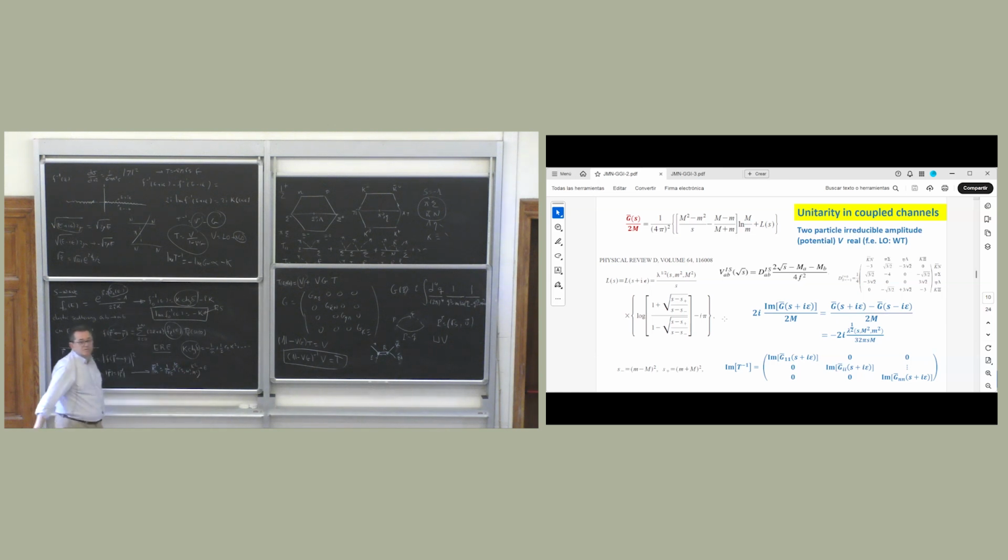This is the momentum, right? So you have two masses, a squared and b squared. And lambda(x,y,z) is x squared plus y squared plus z squared minus twice x y minus twice x z minus twice y z. Okay, this is kinematics. This is relativistic kinematics, right? And all this stuff here is kinematics.